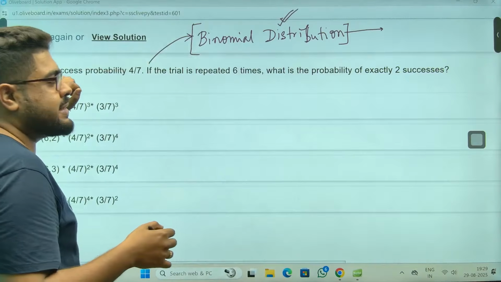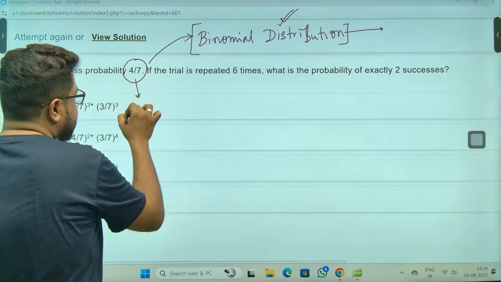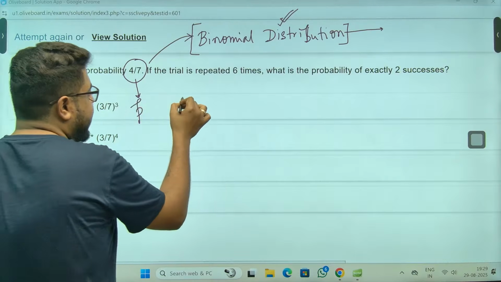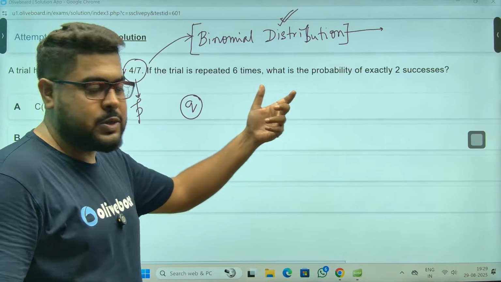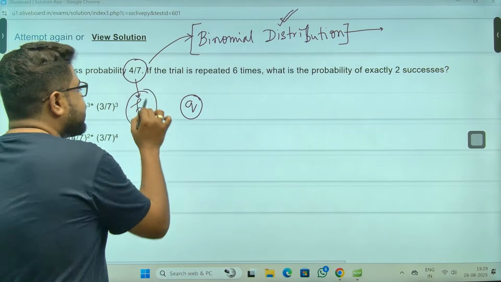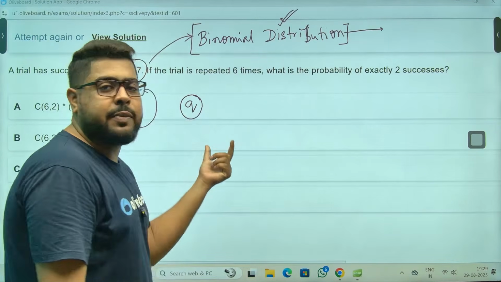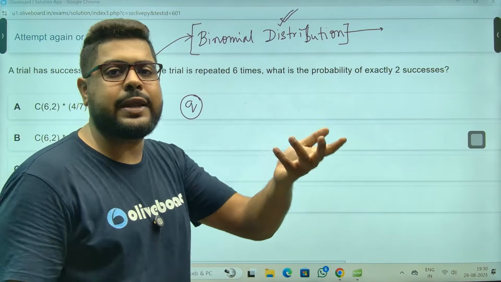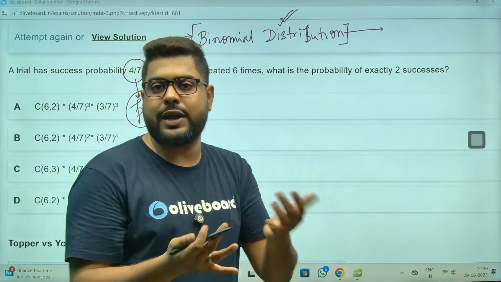Now, in binomial distribution, success is considered P and failure is considered Q, meaning it is not success. Let's say success is getting a head. So Q will be what? Not getting a head. Not getting a head means getting a tail, because if it is not a head, it has to be a tail.